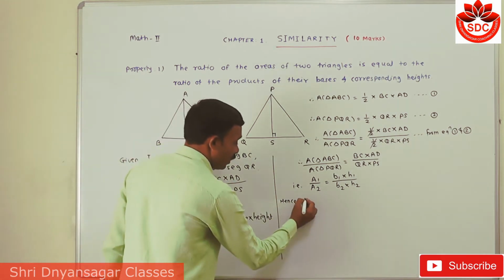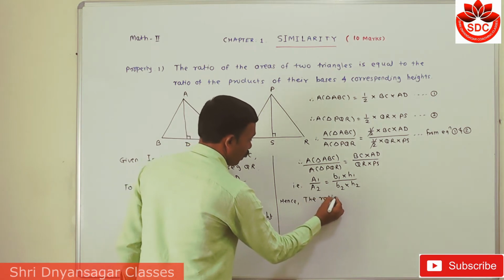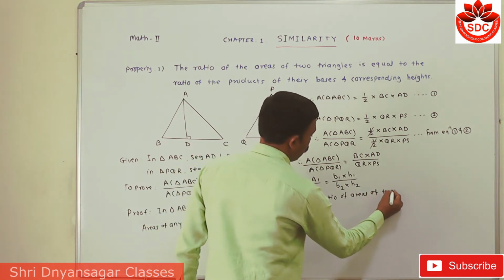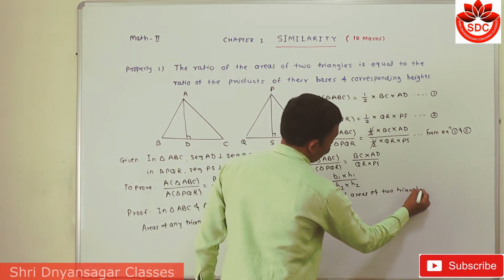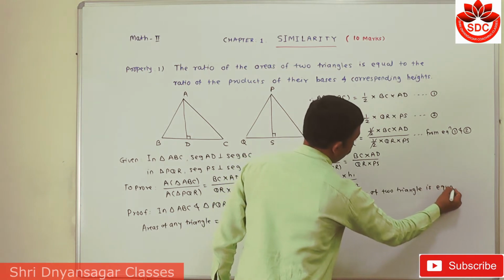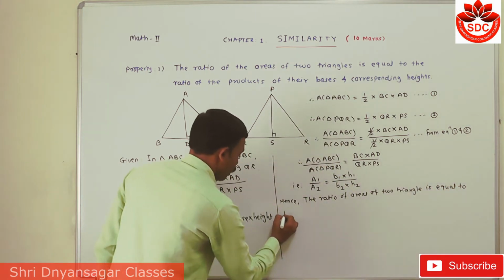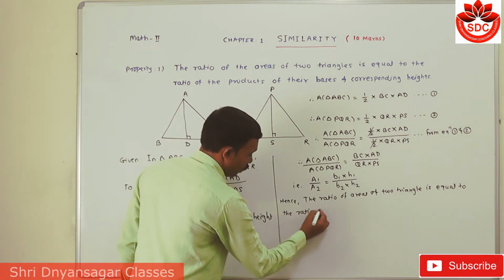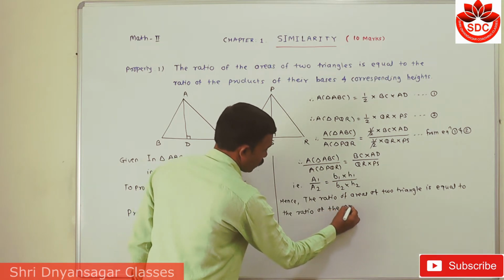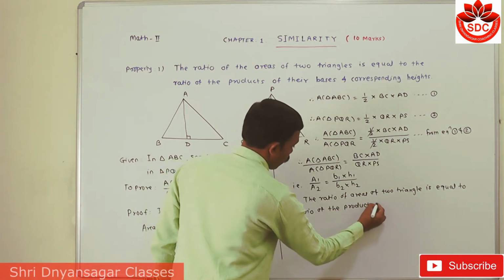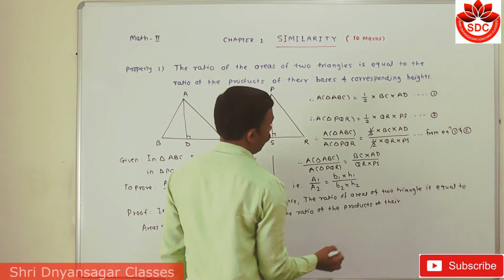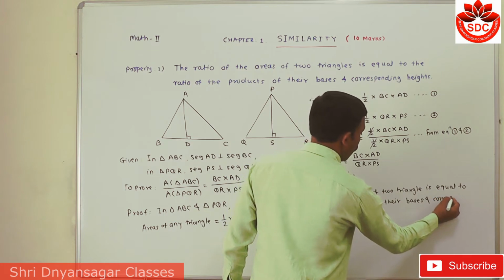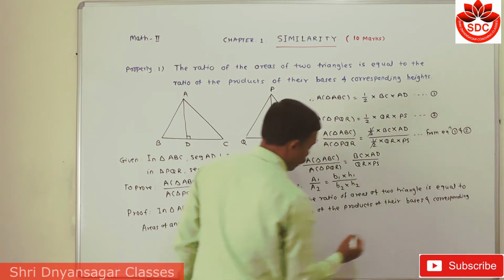The sentence is that the ratio of areas of two triangles is equal to the ratio of the products of their bases and corresponding heights.